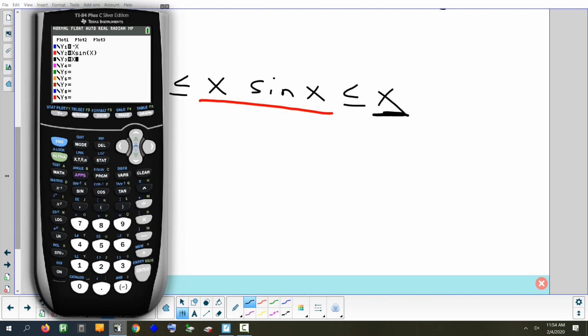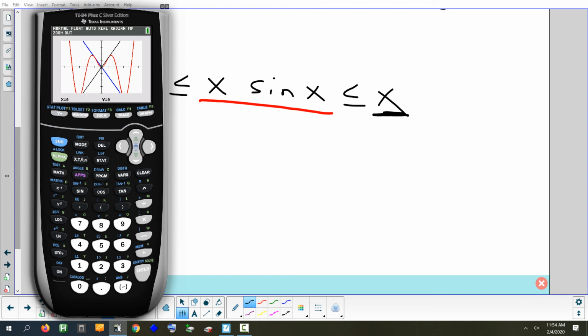Okay, let's see where that happens. I'm going to do zoom 7 just to get an idea. So there's the left. There's the sine wave in the middle. Now, I can't really tell that well what's going on here, so I'm going to zoom out so I can see it a little bit better.